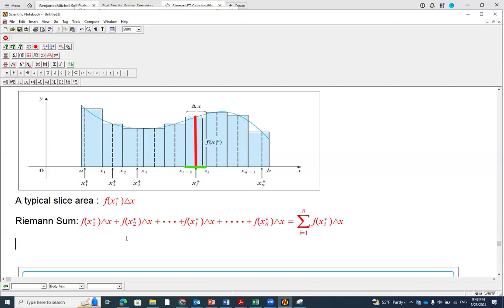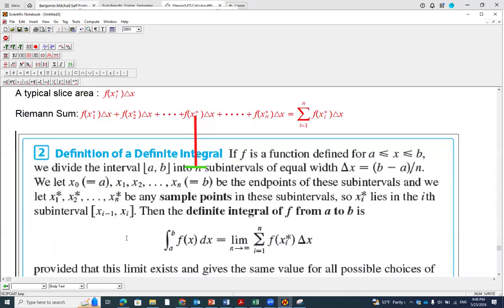Okay. So we got some definition from the textbook illustrating the same thing. And if this limit exists, you can see we have done the partition, x1 star, x2 star chosen, and that's a typical slice.